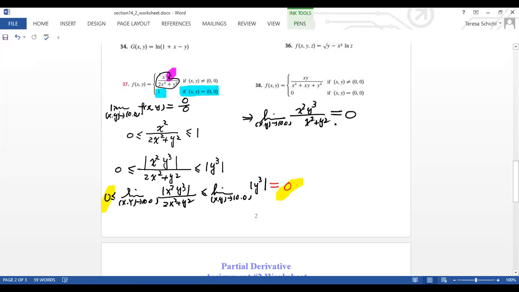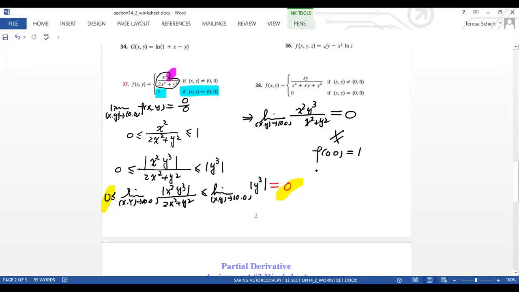So this is the limit, but the function value is 1, because this is not equal to f of 0, 0. This is 1. So we know if a function is continuous, the limit has to be equal to 1.